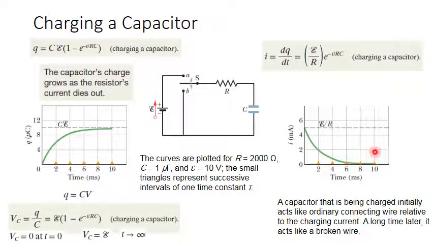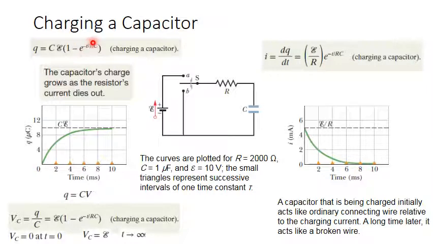On the other hand, if I'm talking about the charge on the capacitor, we can find at the initial time t equals 0, e to the power minus 0 is 1. So 1 minus 1 is 0. So at the initial starting time, the total charge equals 0.